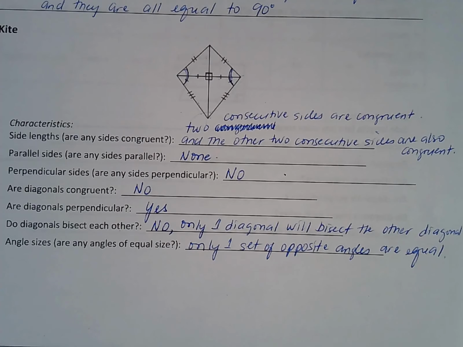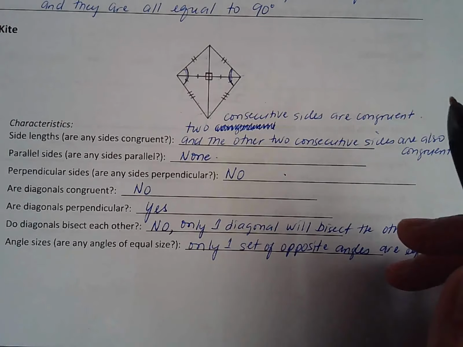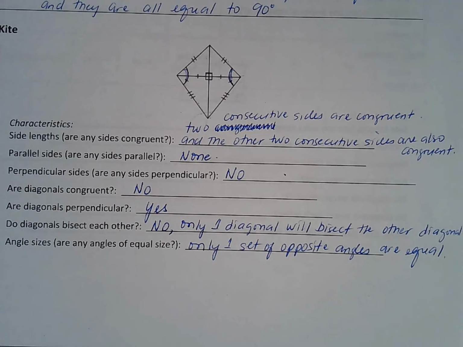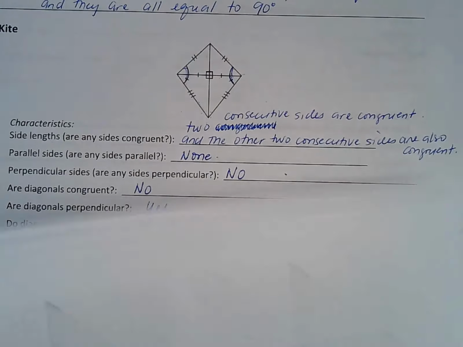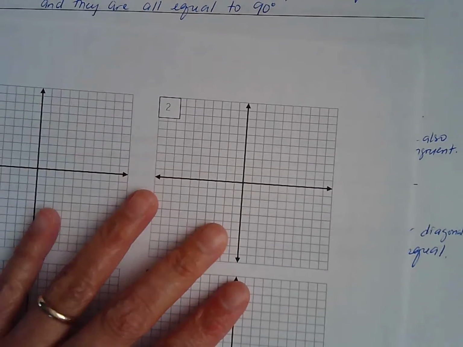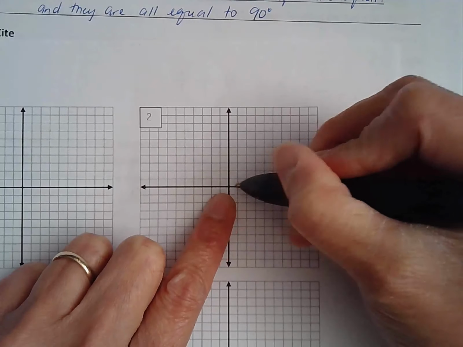What about the interior angles? Yeah, so those are the interior angles. Here's a kite. I'm gonna make a kite here. This is a really nice one.